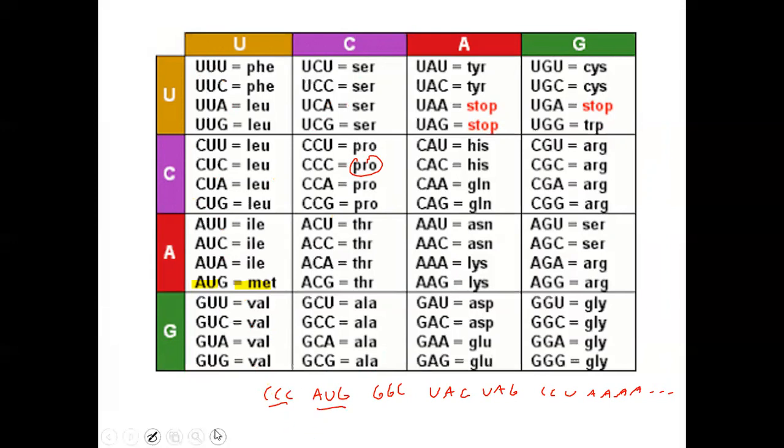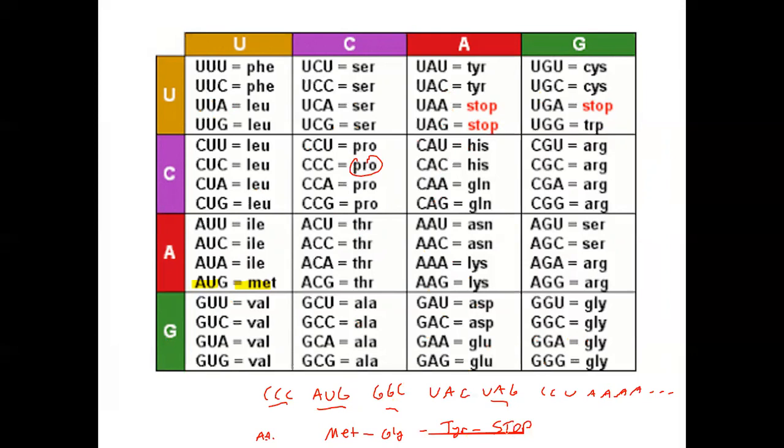So if this asked you, what's the amino acid sequence? Methionine would be the first one. The next one would be GGC. So I would have to find this GGC. This is going to code for glycine. UAC, I would find that up here. So I go UAC. That's going to be coding for TYR, or tyrosine. And then notice here UAG would essentially be a stop codon.